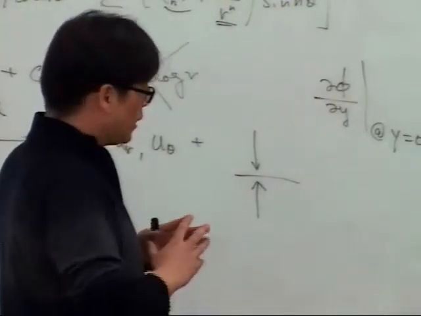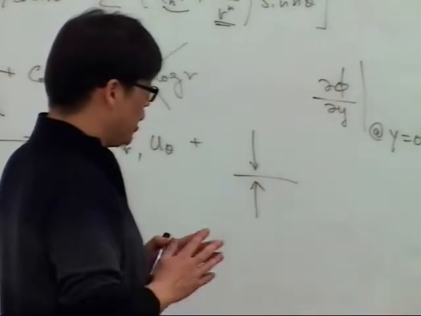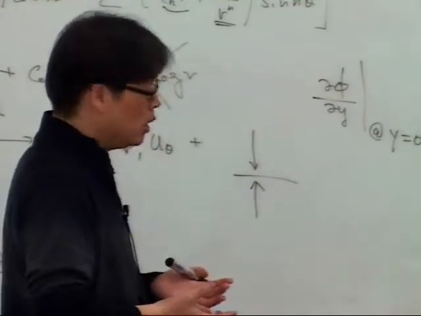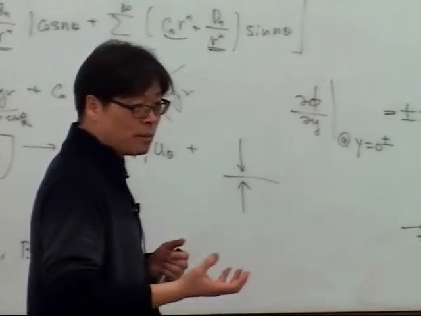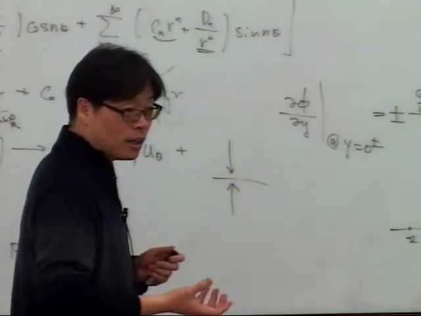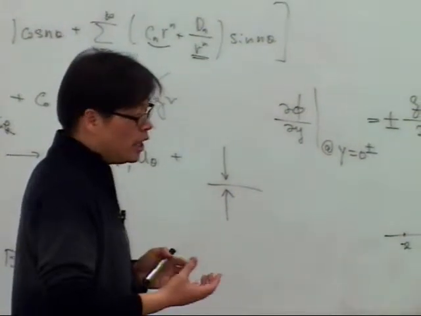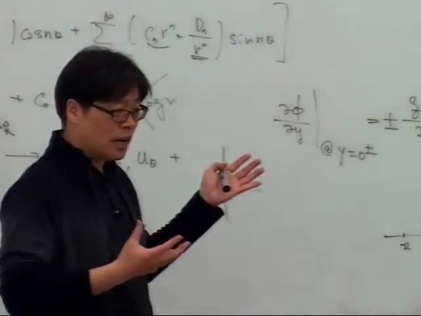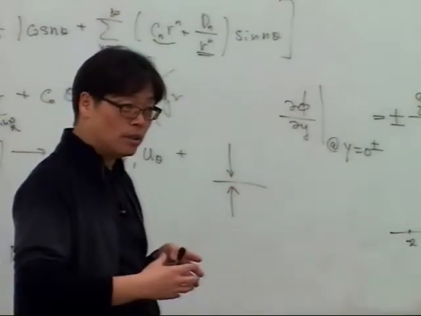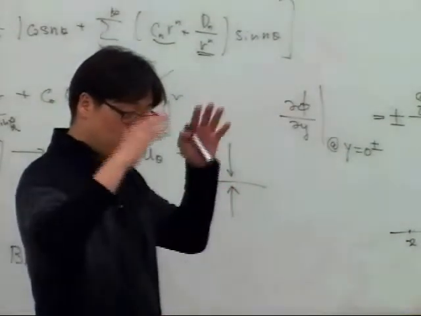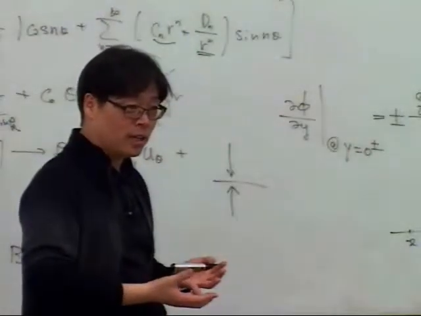But one more thing that I want to point out is, if you want to have a closed body, the total strength of source has to be the same as total strength of sink. If you have more outflow than inflow, then you wouldn't have a closed body.